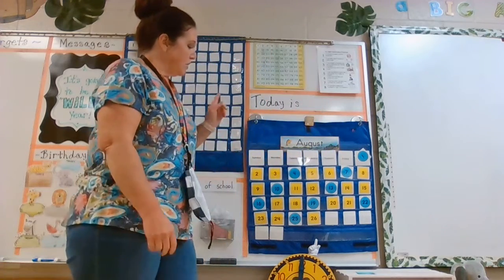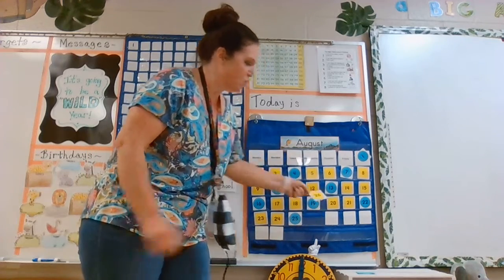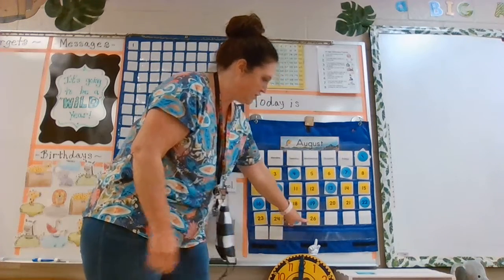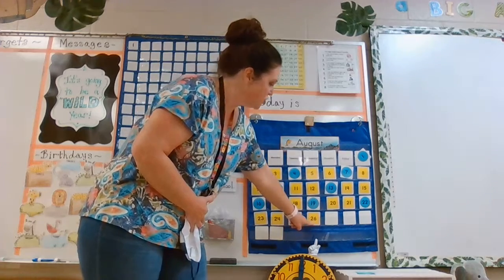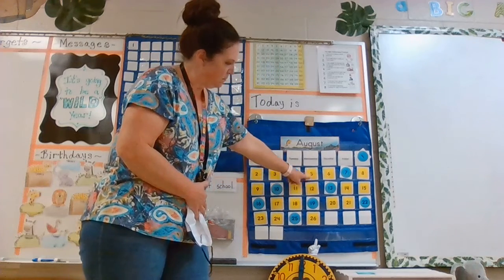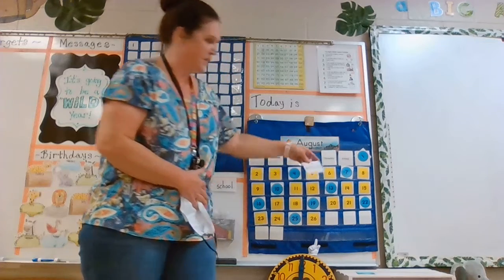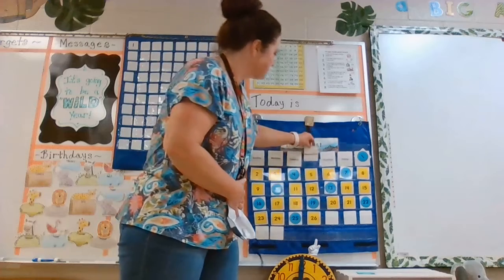Saturday. So today is Wednesday, and how did I know that? Because here's the 26th. That's what day we are on, and it was right here after the number 25. If you go straight up, I will see that the 26th is on Wednesday. That says Wednesday.